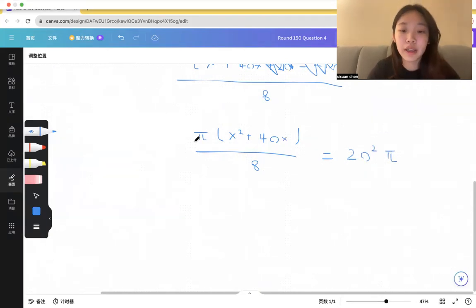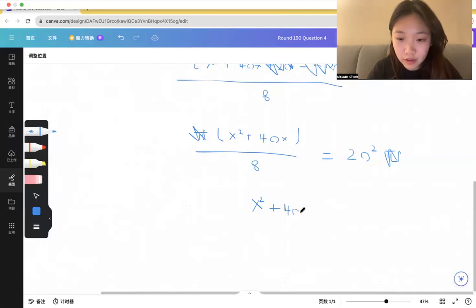First of all, we can get rid of the pi on both sides by dividing them. So x squared plus 40x equals 8 times 20 squared.